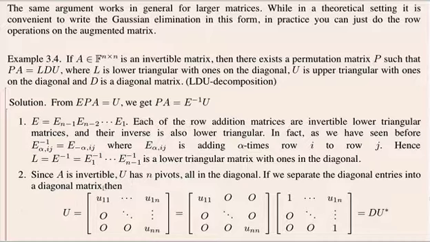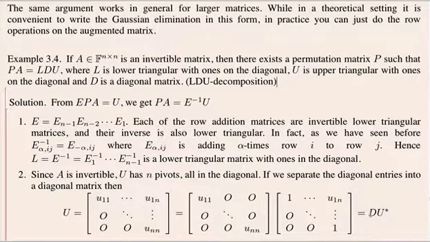Also, since A is invertible, U has n pivots. So we have a square matrix A, and then U is a square matrix. So these pivots are all in the diagonal. If we separate the diagonal entries into a diagonal matrix, then U, which is supposed to be upper triangular, can be written as a diagonal matrix, where you just take the diagonal entries, times the matrix where the diagonals are ones, and then you have the same upper triangular part above the diagonal as before.